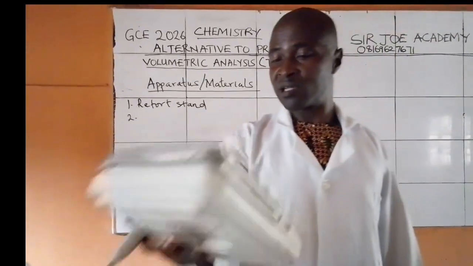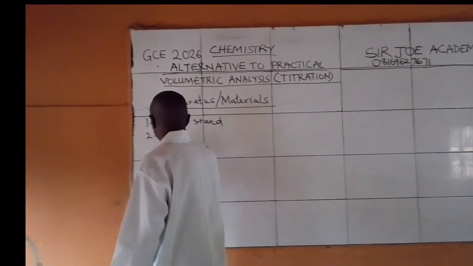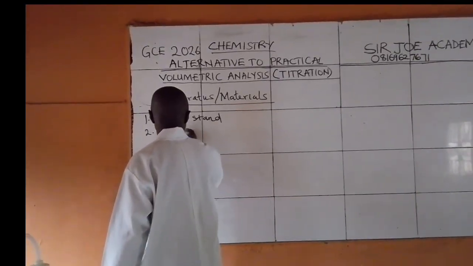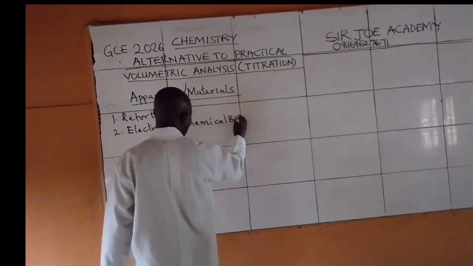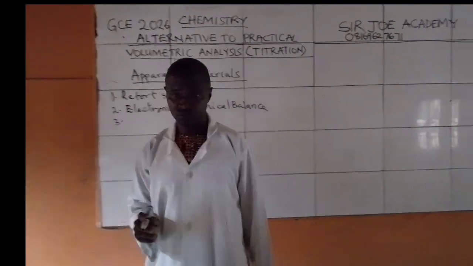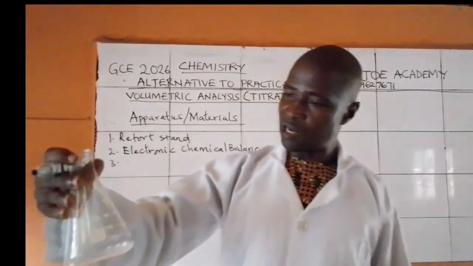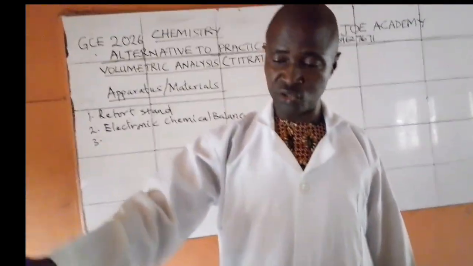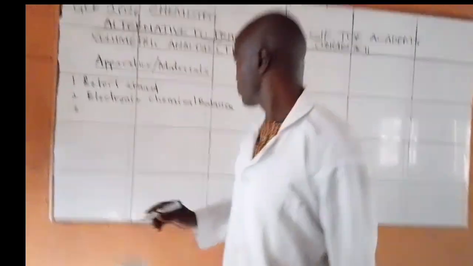That's electronic chemical balance. Another apparatus that is used is conical flask.